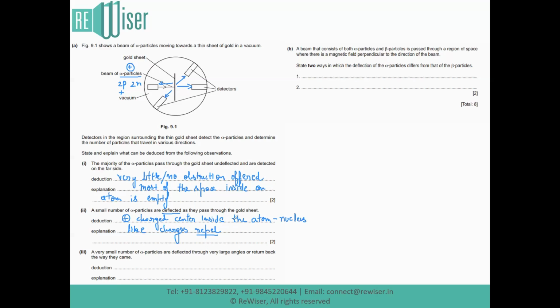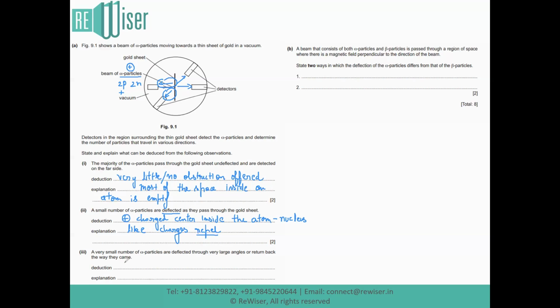Moving on to part 3, a very small number of alpha particles are deflected through very large angles, or in fact, even return back to where they came. So here they're referring to these particular scenarios. The scenario where they're deflected by a large angle, or in fact, even retrace their path.